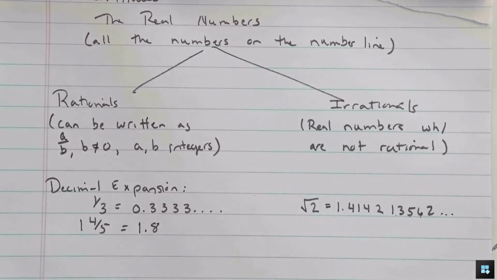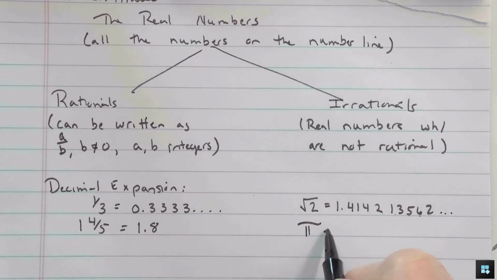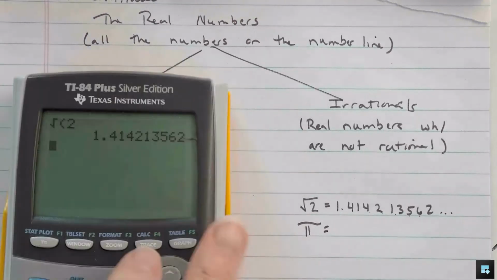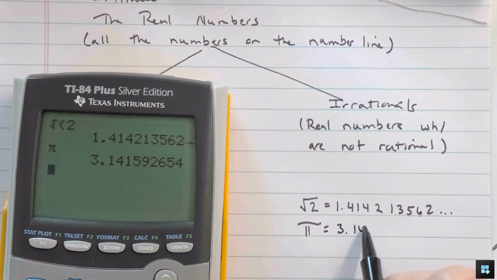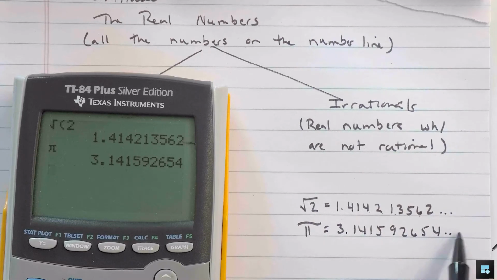There is no pattern. Or how about pi? Is another irrational number. So I put ... because even though my calculator runs out of digits, this does not end.